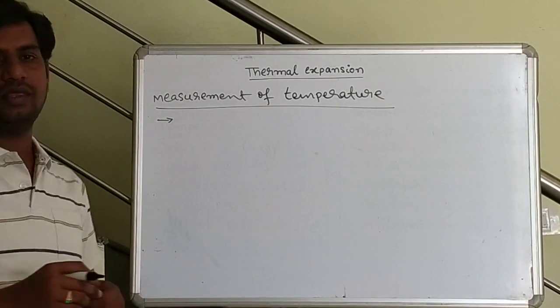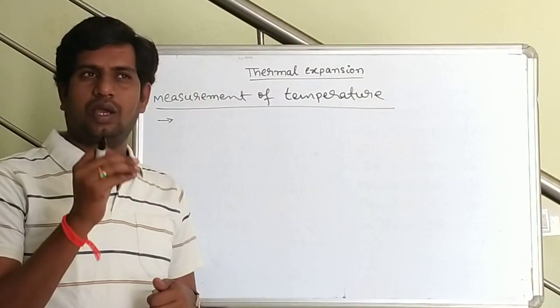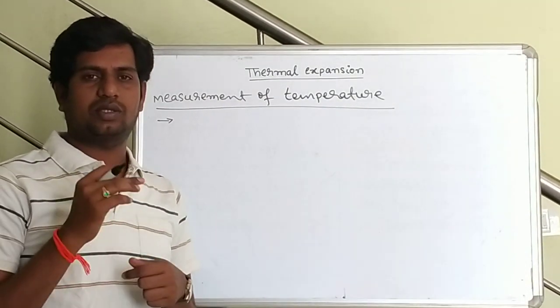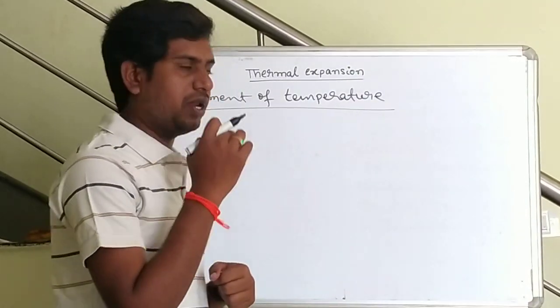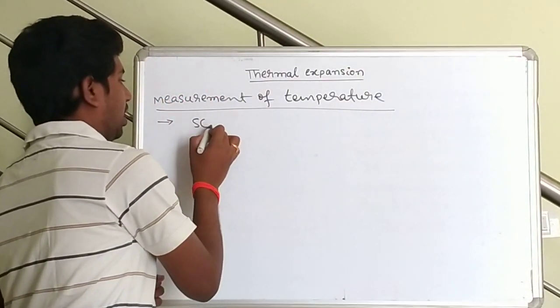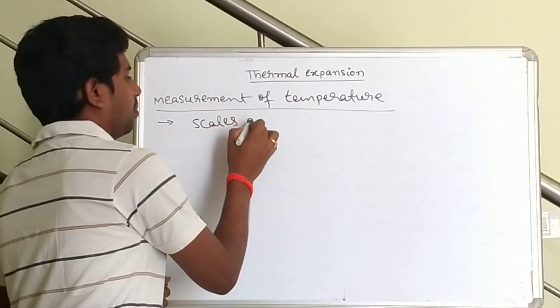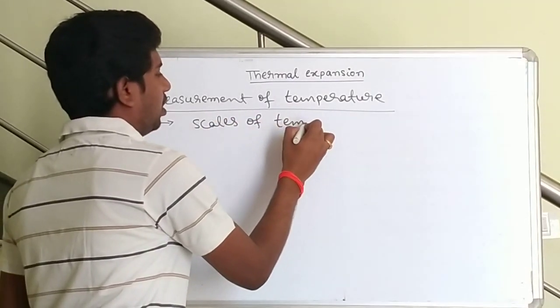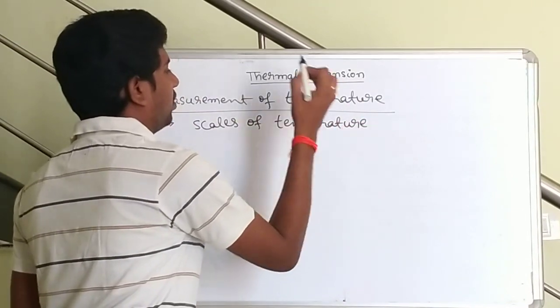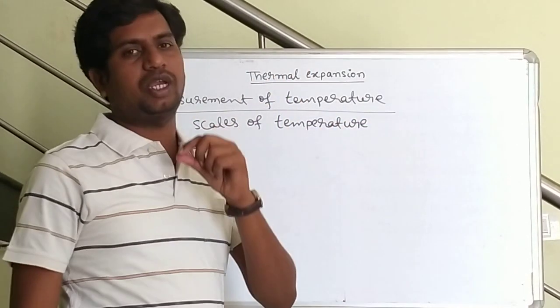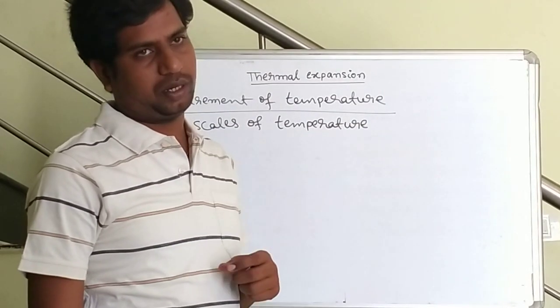To construct a thermometer, we need two things. One is scales of temperature. Another is a property of a body which changes with temperature.